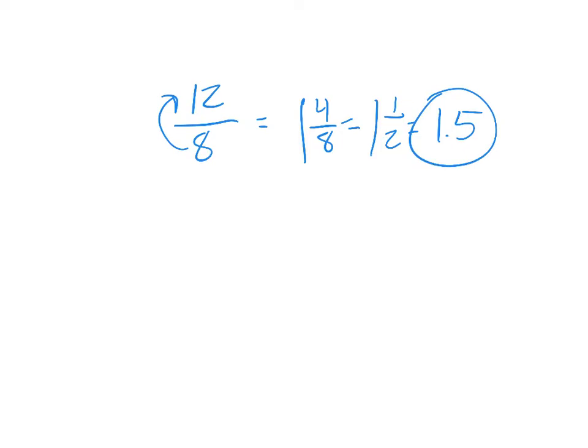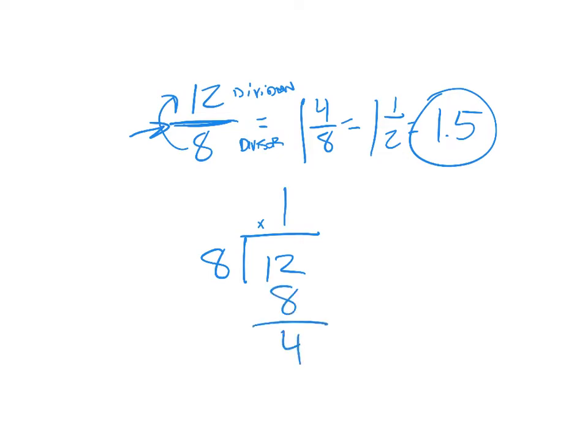Well, just remember, this is dividing, right? So this is our dividend. This is our divisor. So we are taking 12, and we are seeing how many times 8 goes into it. So we've got 8, doesn't go into 1, but it goes into 12 one time. We got 8, and we've got that remainder of 4.